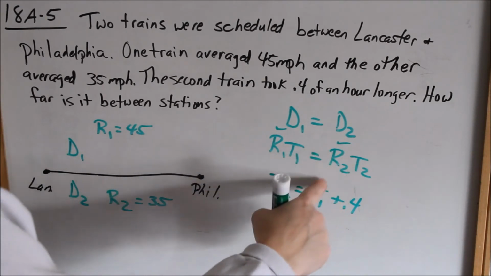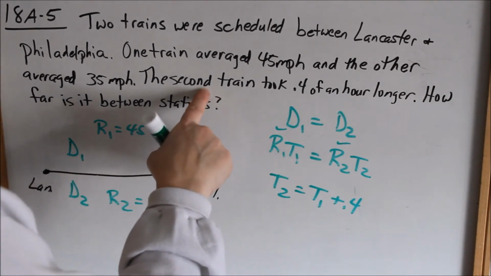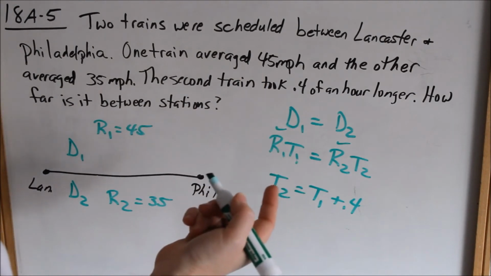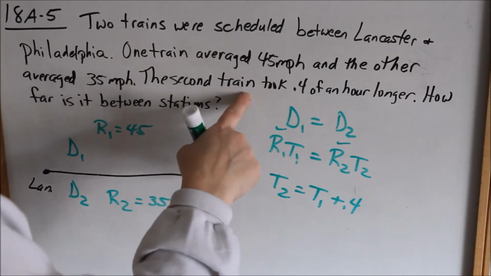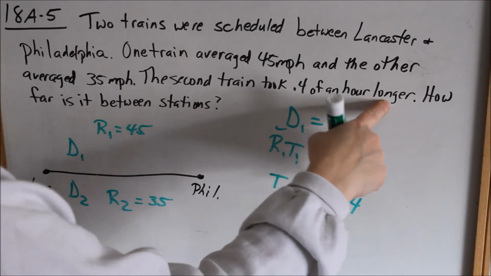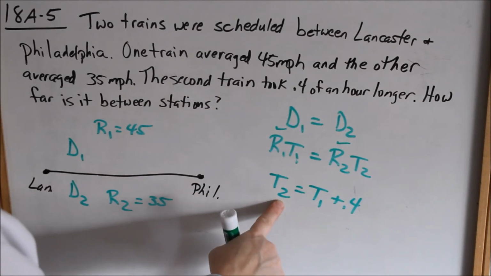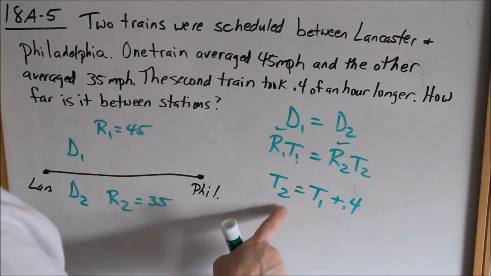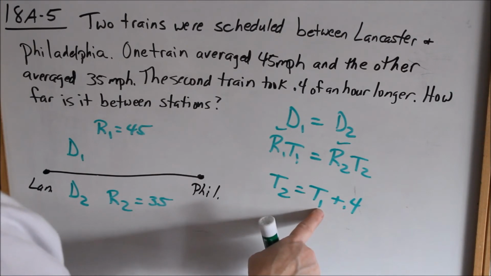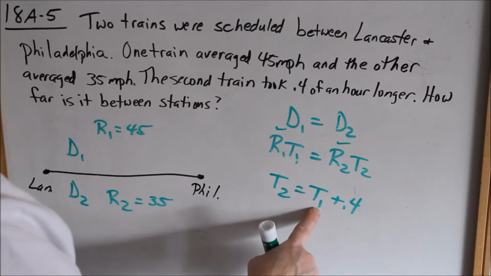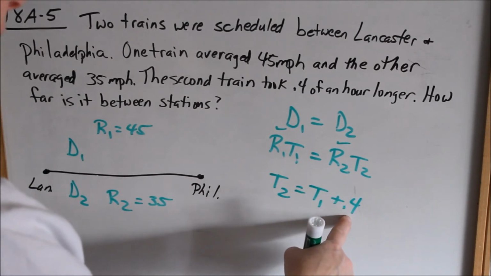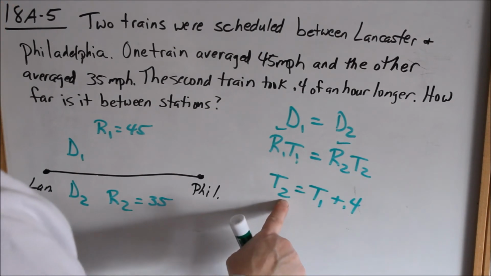When all this is said and done, you need to think about which train took longer. Here it says the second train took longer. So does this equation match what the words say? Will T2 be bigger than T1? Yes, because if you took T1 and added time to it, it will be longer.